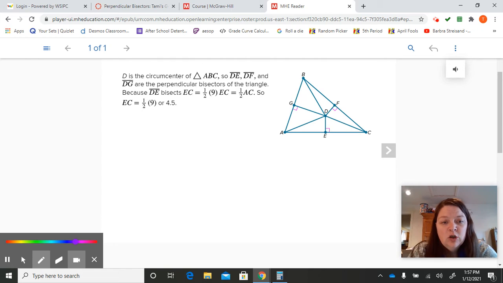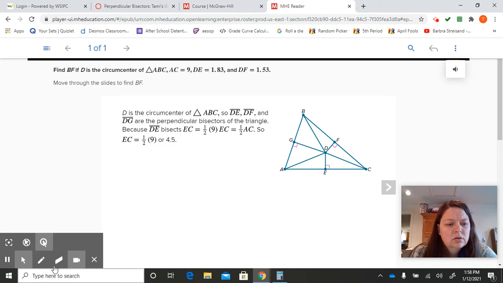Because DE bisects EC, EC equals 1/2 AC, so EC equals 1/2 of 9, or 4.5. Right, because A to C is 9.